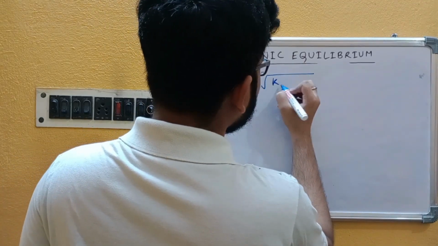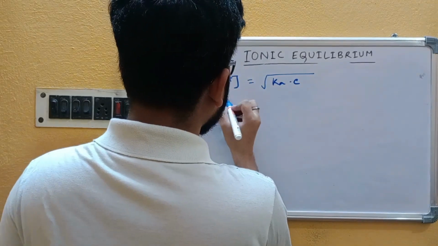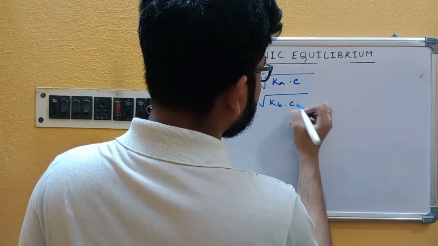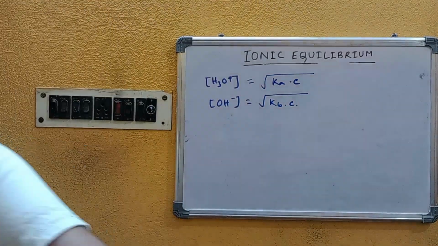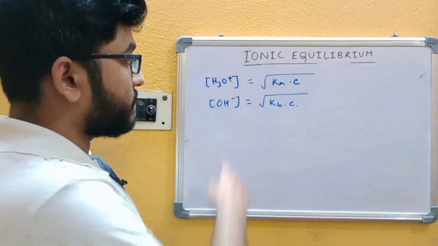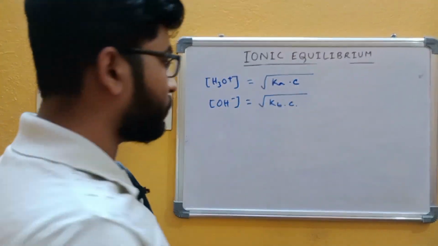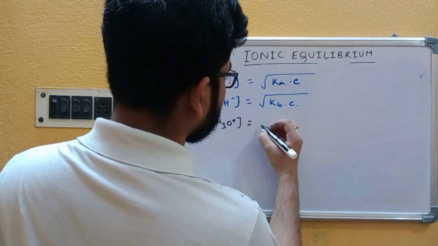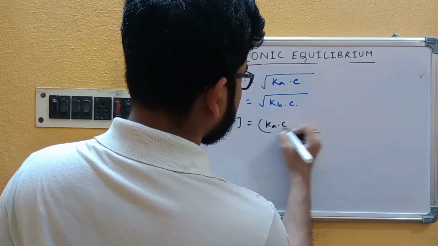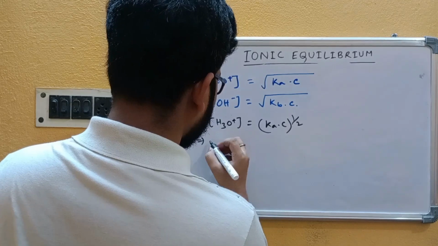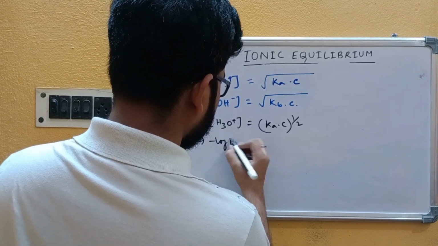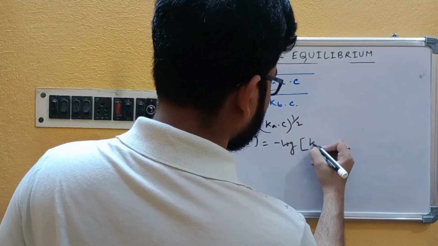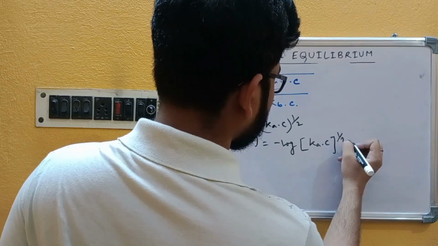Earlier we found that concentration of H3O plus of a weak acid in an aqueous solution will be square root of Ka into C, and concentration of OH minus of a weak base in an aqueous solution would be square root of Kb into C. So if we express this concentration into pH, what will it be then? So H3O plus is Ka into C whole to the power half. If we take negative logarithm on both sides, minus log H3O plus is minus log of Ka into C to the power half.